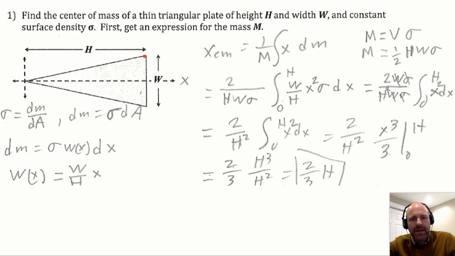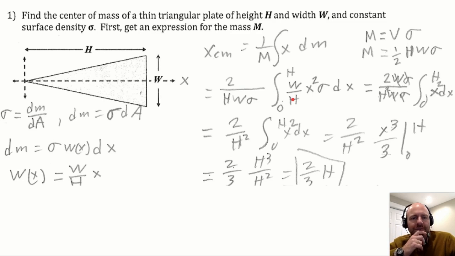be w. And so if we use all these substitutions into our basic formula and use the fact that the mass is equal to the volume times sigma, we can also say that the volume, or the area in this case, is height times width times 1/2 times sigma. We plug that into our original equation, replacing 1 over m with 2 over h w sigma.